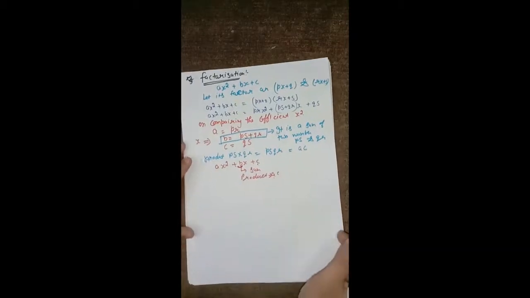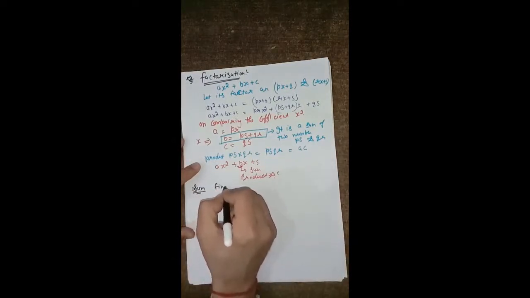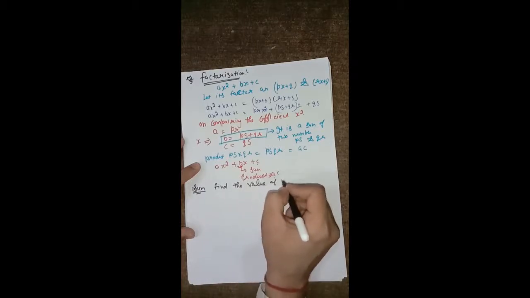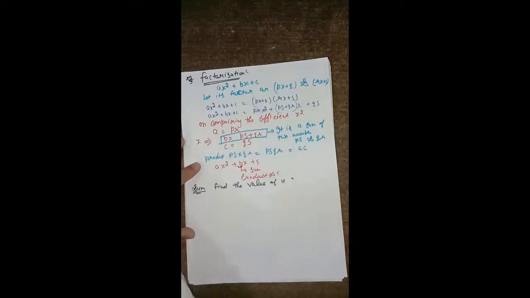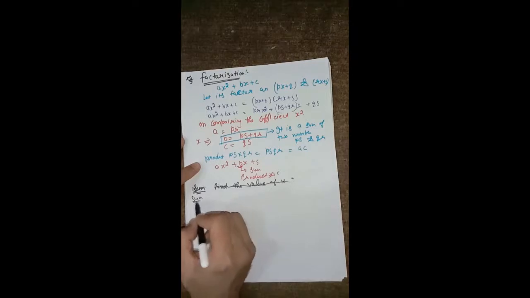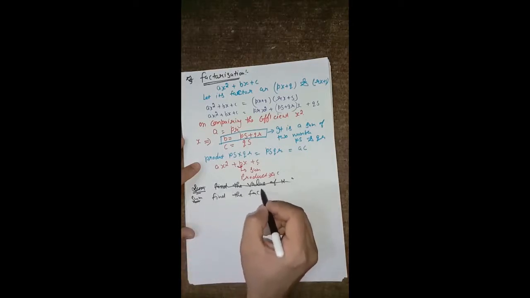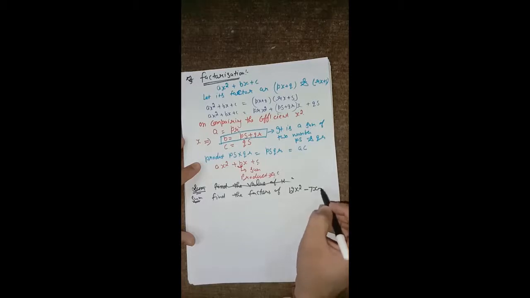Let's do this with a sum. Find the factors of 12x square minus 7x plus 1.